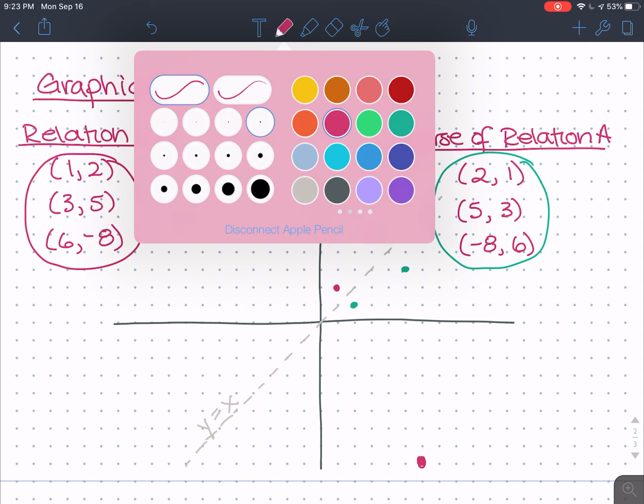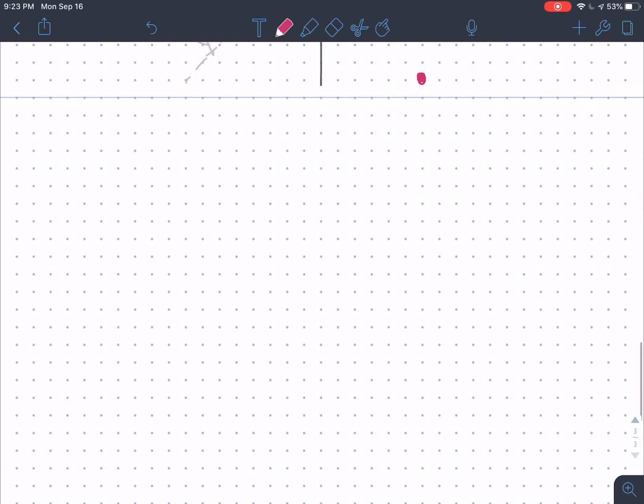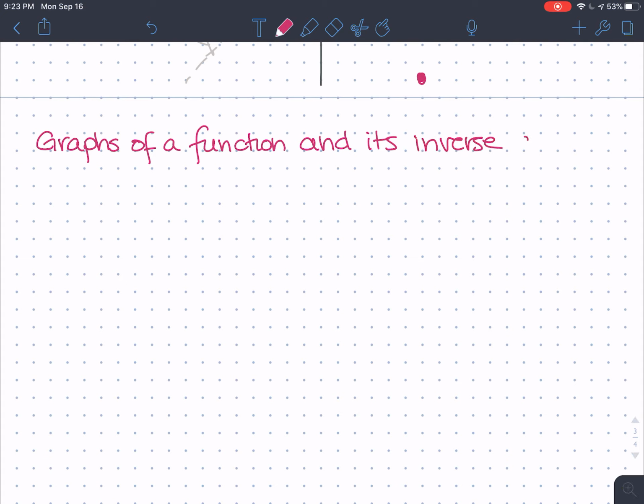So it turns out that graphs of a function and its inverse are reflections about the line y equals x.